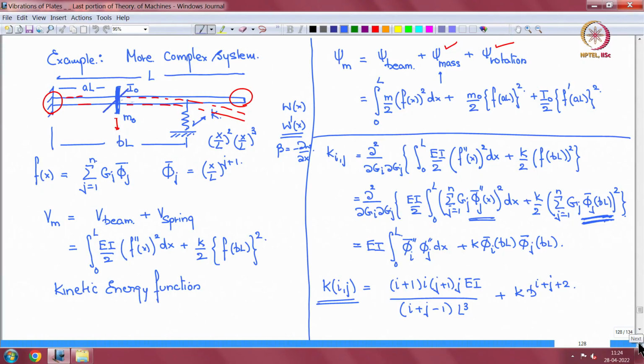If you remember this more complex system that we did a derivation for, I did not mention why this is I0. The mass moment of inertia about this axis of the beam is m r square by 2 for the disk.